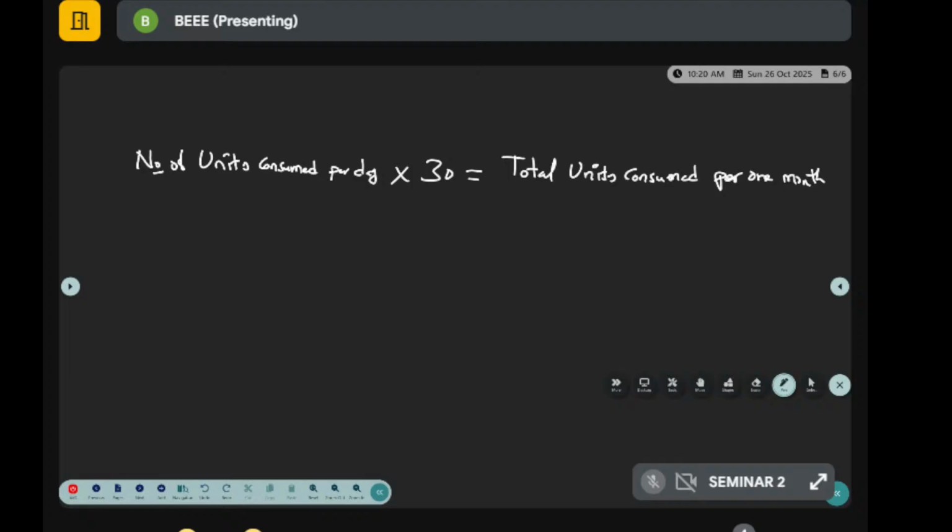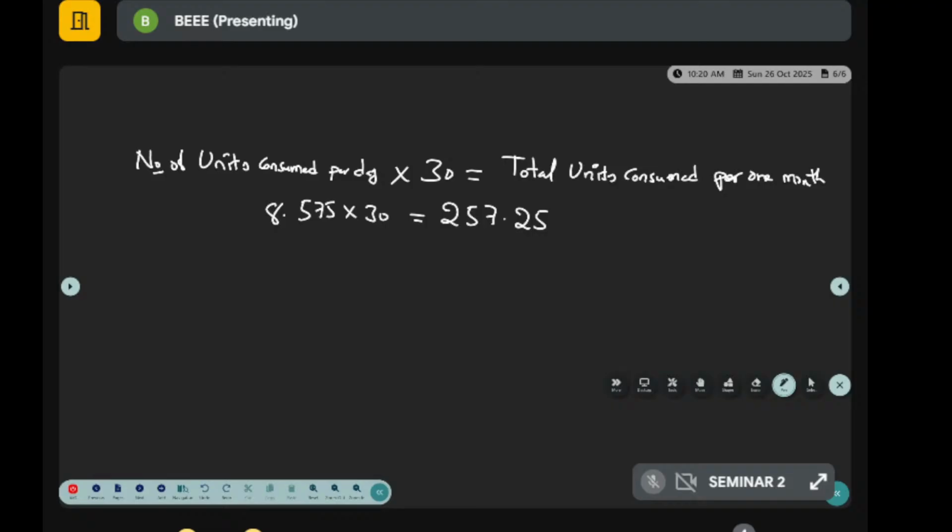So here how much? 8.575 into 30 is equal to how much? 257.25. So these are the units consumed per 1 month.